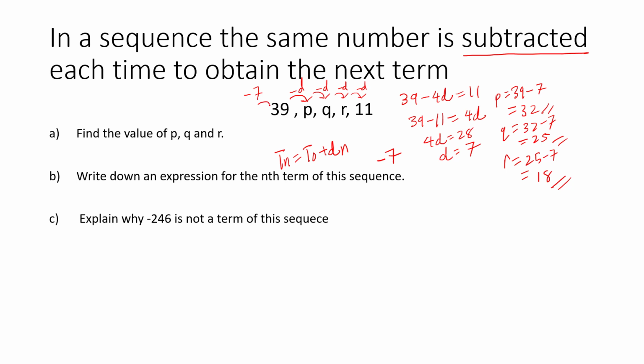And term 0 will be equal to 39 plus 7 because it is the reverse of -7, and I'll get 46. So term n will be equal to 46. Now, like I said, it is minus d, so the common difference is actually -7n, and this will be my answer.